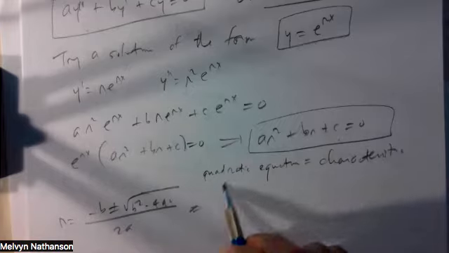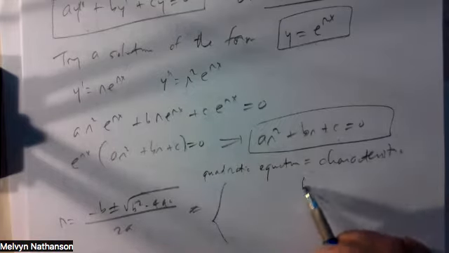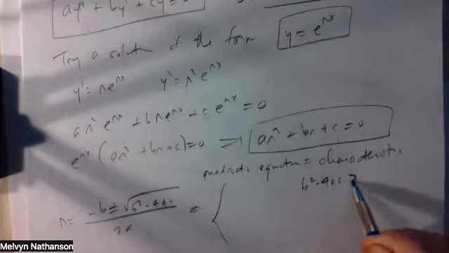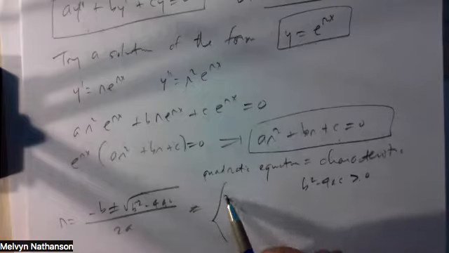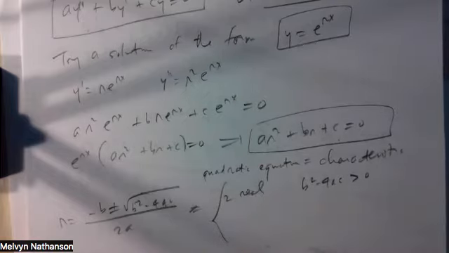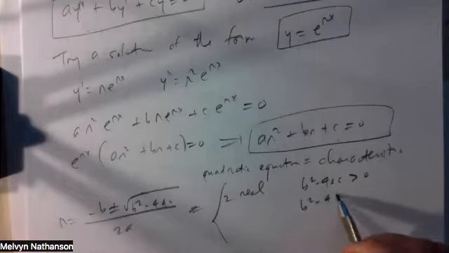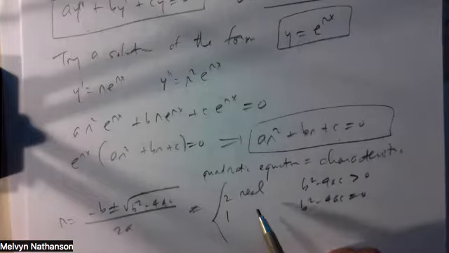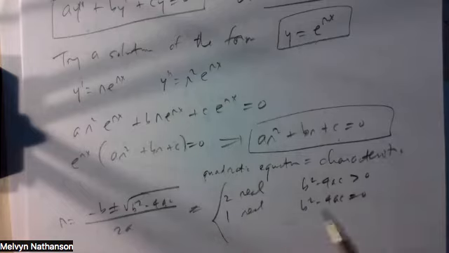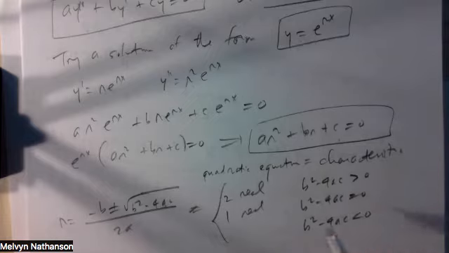So if b squared minus 4ac is positive, we have 2 real solutions, right? Plus or minus. If b squared minus 4ac equals 0, there's only one real number that solves this, minus b over 2a. And if b squared minus 4ac is negative, we have 2 complex solutions.